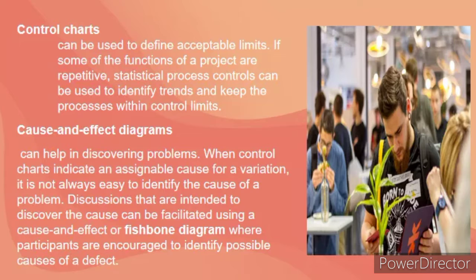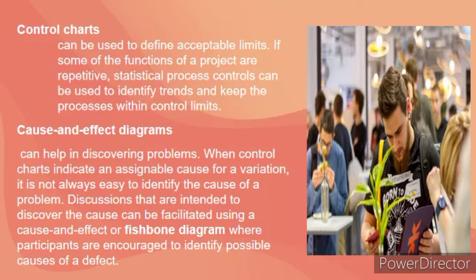For controlling the quality of a repetitive process, part of this is to determine what the control limits are and how the process will be sampled. So you are going to do control charts to define the acceptable limits if some of the functions of your project have a repetitive process.